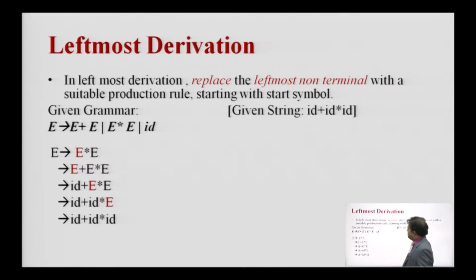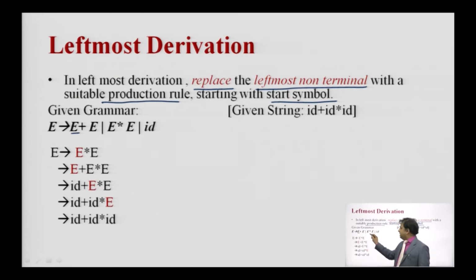In leftmost derivation, we replace the leftmost non-terminal with a suitable production, starting with the start symbol. For example, we have a grammar E derives E plus E, E star E, and ID, and we have to derive the string ID plus ID star ID, but the constraint is that I have to use leftmost derivation.